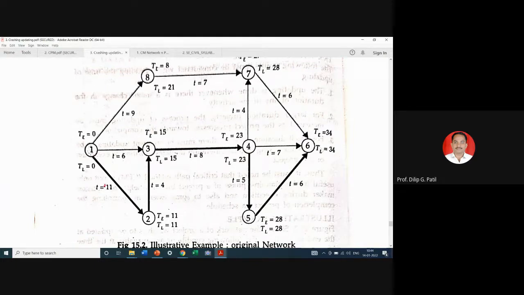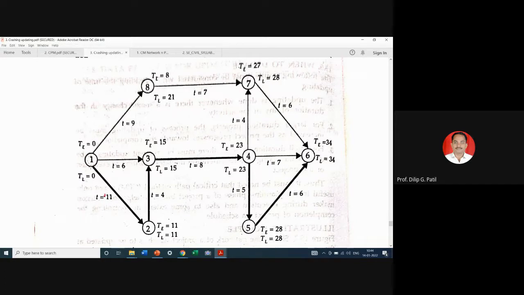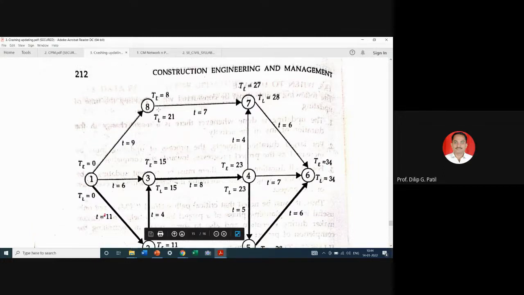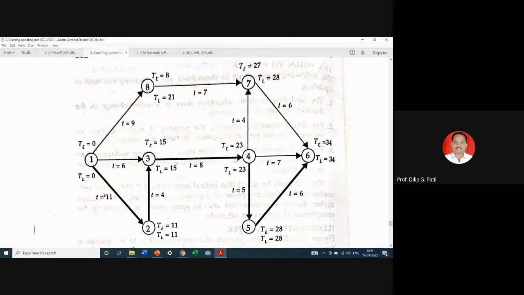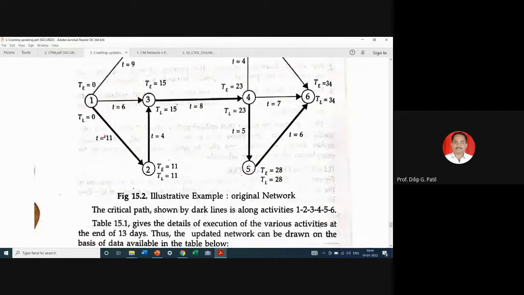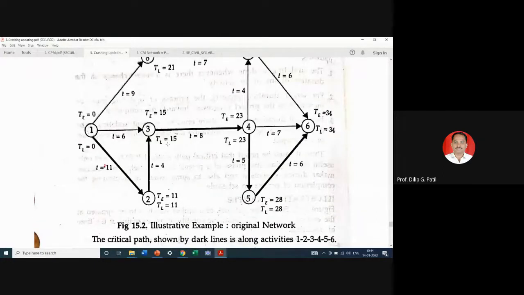Here you can see TE is 0, TL is 0, TE is 15, TL is 15, the same values. Although this is a single time estimate, small t, to find out the critical path they may consider the slack also. So the common minimum slack here is 0, 0, 0, 0, 0, 0.